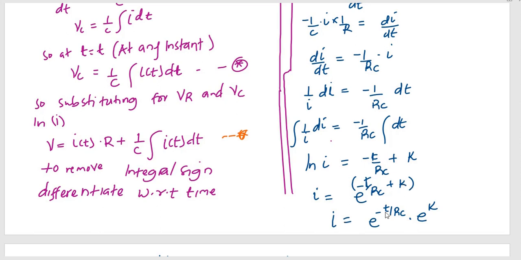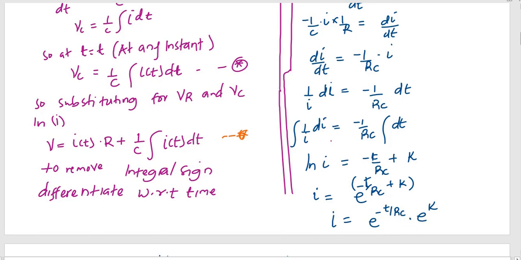Using indices and powers, this is the same base with the powers being added, so we have e to the power of negative t over RC times e to the power of k.